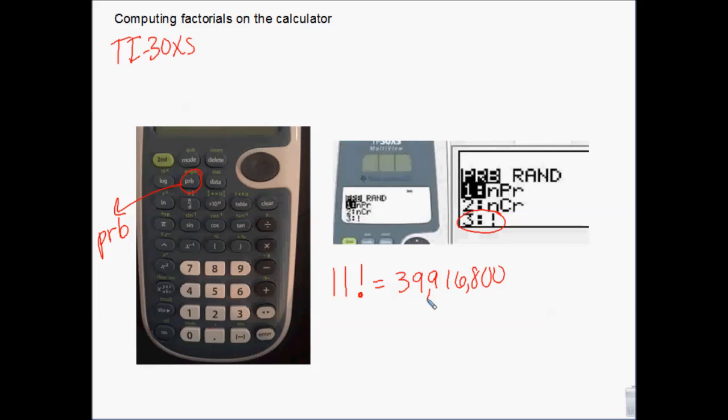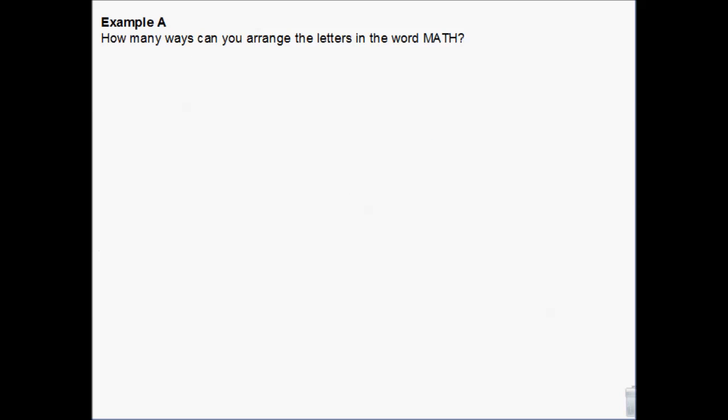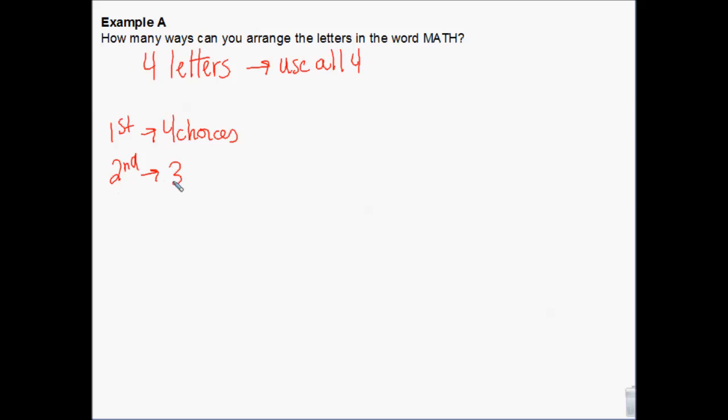Okay, so what do we do with this? How many ways can we arrange the letters in the word MATH? Well, we have 4 letters. And we're going to use all 4. And here's what's actually going to happen. The first letter we pick, we're going to have 4 choices. But then the second letter, we've used 1, so we're going to be down to 3. And then the third letter, we've used 2, so we'll be down to 2 choices.